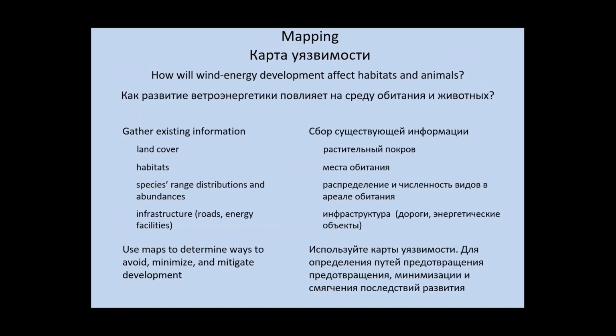So, to begin the topic of mapping, the first step is usually to gather existing information in the form of spatial layers. Those layers typically cover land cover, sensitive habitats, information about species ranges and abundances, as well as infrastructure, which may include the footprint of wind and solar energy facilities and the associated roads and power lines.